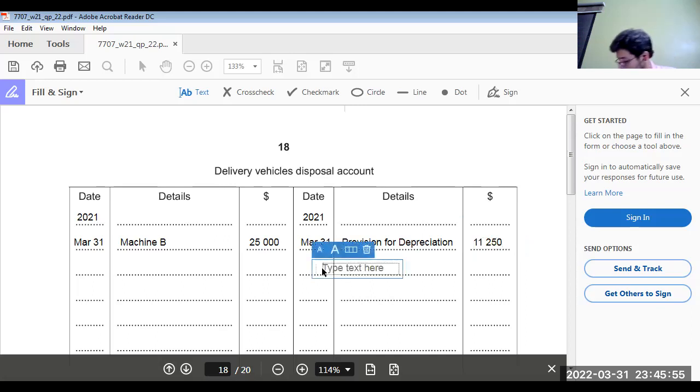Now, we sold that machine for how much? 10,350.